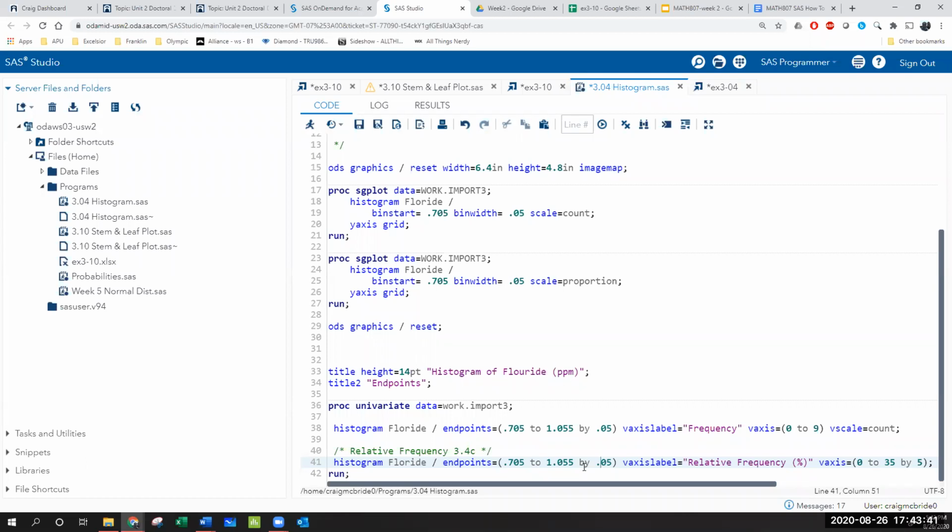If there's a bigger spread of your bins, then instead of going by 0.05, maybe it goes by 0.25 or something like that, depending on the spread of your bins. Maybe you've got whole numbers instead of decimals, then you can have the smallest, the biggest by whatever, right? And so you're binning your data here, you're grouping it, putting your data into classes, or what we call bins.